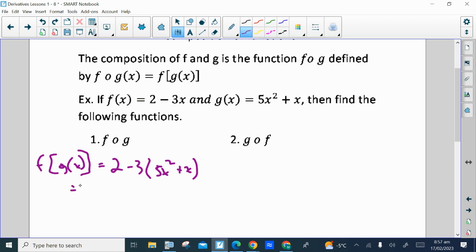And then we simplify. Negative 3 times 5x squared is negative 15x squared, and negative 3 times x is negative 3x. So that'll give us negative 15x squared, take away 3x plus 2. Normally we write our polynomials in order of descending power, normally.